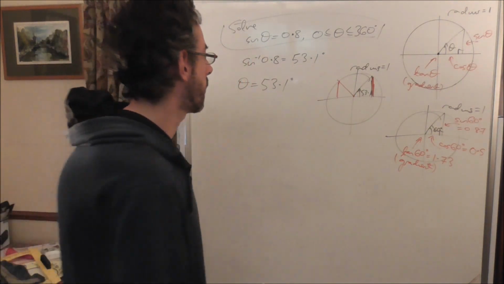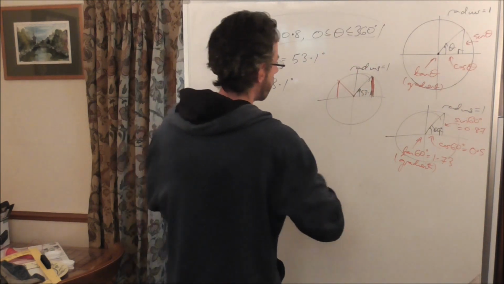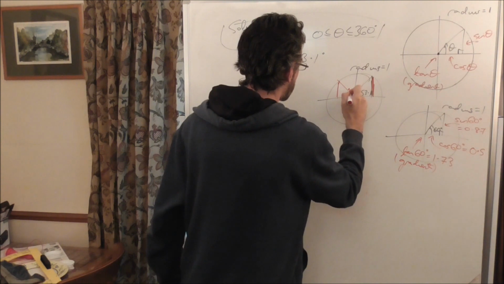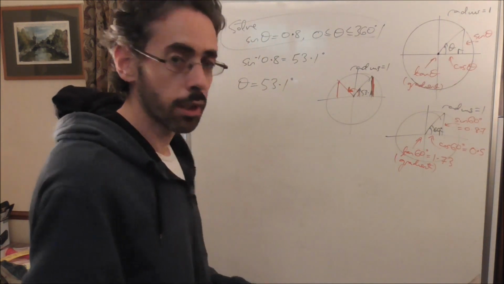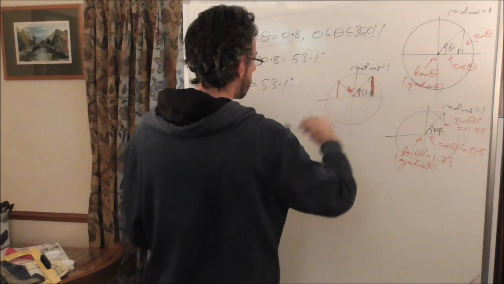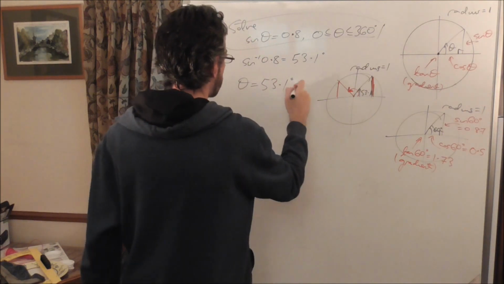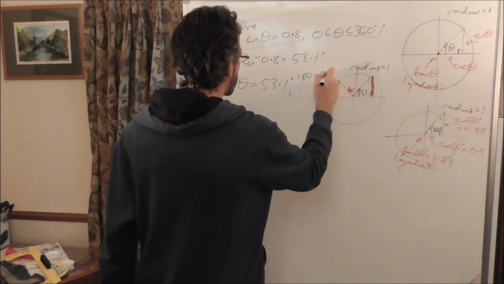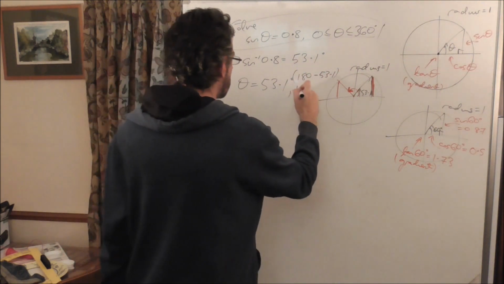That gives me my next solution. If I go around in a positive direction, my next solution is just this angle here. It has the same sine value of 0.8. So what angle is that one? Well, it's almost 180 degrees, but there's this gap of 53.1. So it's 180 degrees minus 53.1, which is 126.9.